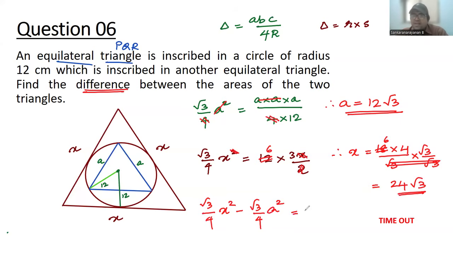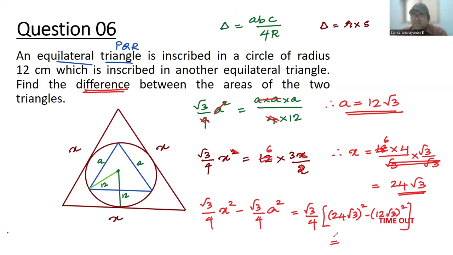So it's very easy. The values are in front of us. Root 3 by 4, the common factor, I can take it out. 24 root 3, the whole square, minus 12 root 3, the whole square. I need to just calculate this value only, right?